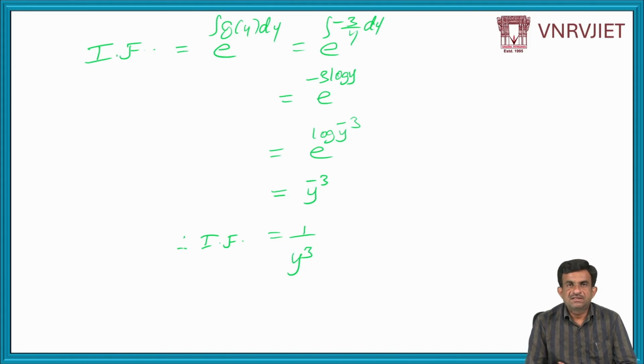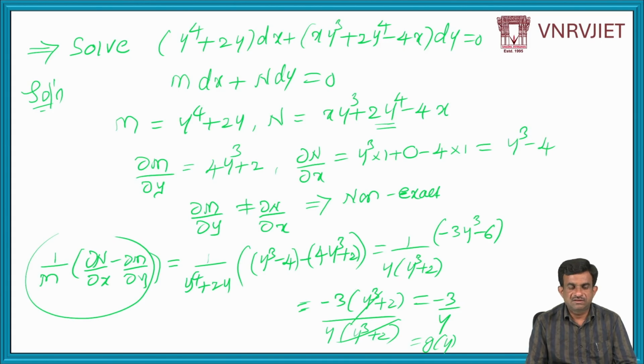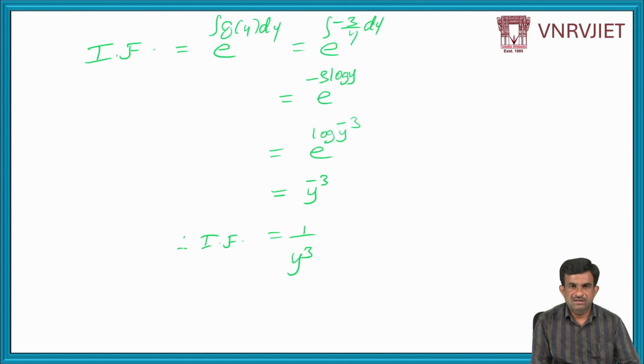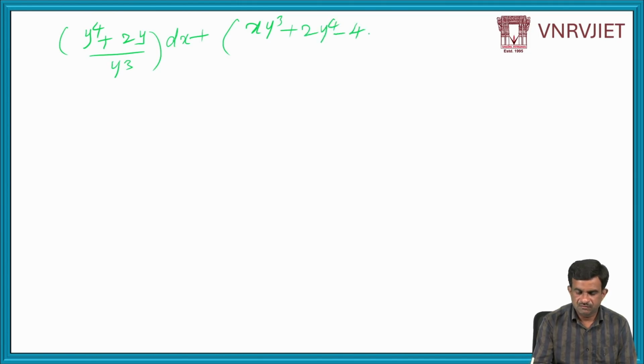So let us multiply this integrating factor with the given differential equation. The differential equation here is (y⁴ + 2y) dx + (xy³ + 2y⁴ − 4x) dy = 0. Multiplying, our differential equation becomes ((y⁴ + 2y)/y³) dx + ((xy³ + 2y⁴ − 4x)/y³) dy = 0.